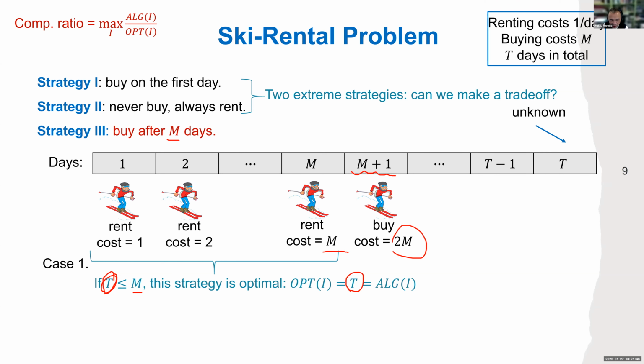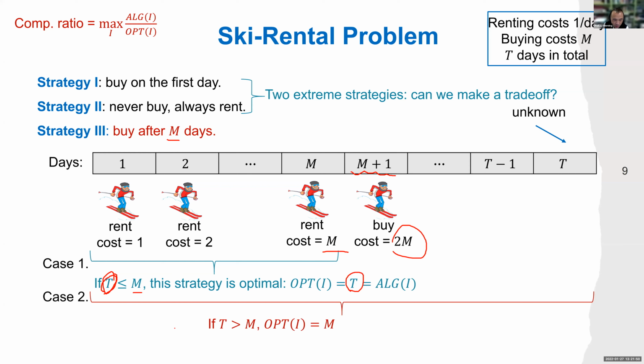Now what's the other extreme? The other extreme says T is larger than M. Well, if it's larger than M, we know optimal will just buy once. It will never rent. How about your output? Your output is rent for the first M days and then buy. So your cost is 2M. Not bad.